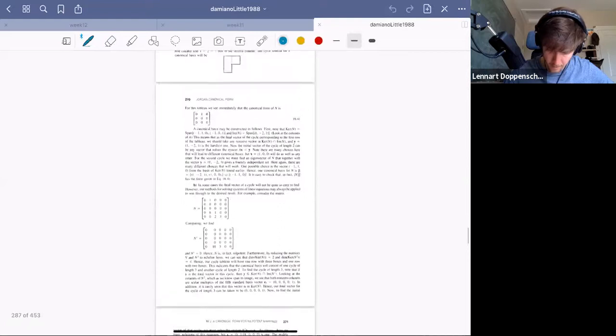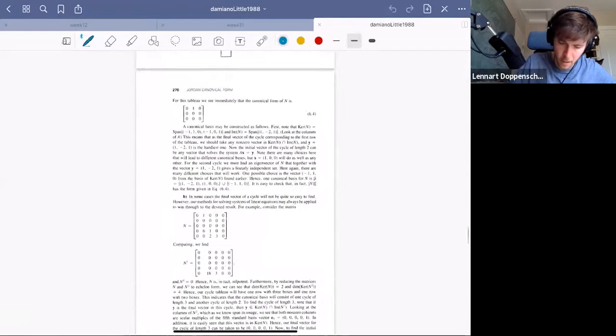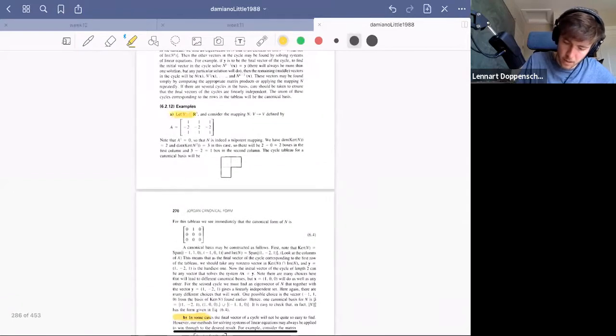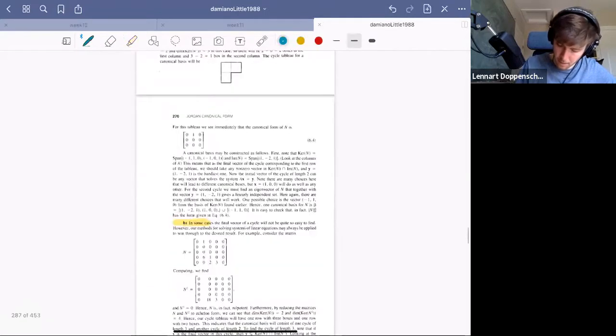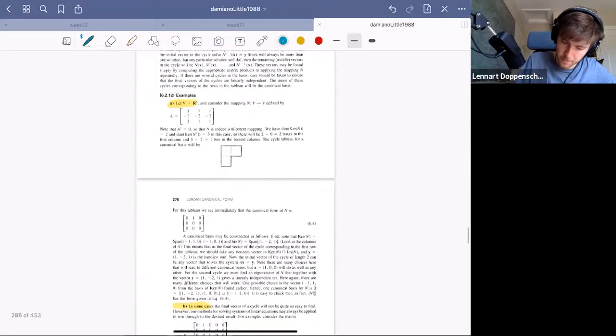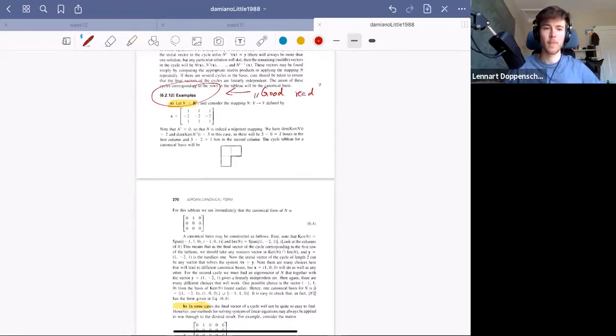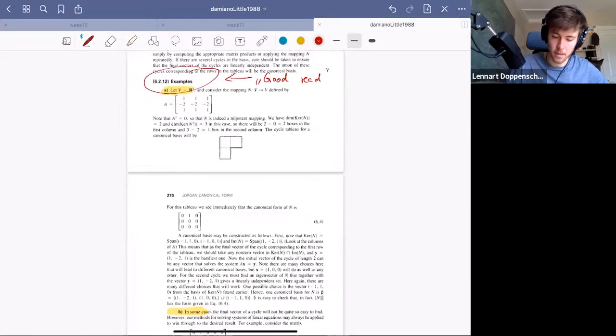I would recommend to look at these two if you have questions about how to find the eigenbasis. So this clarifies it a little bit. This is a good read. It's not necessary to read, but it helps you understand how you would find the actual basis of a certain tableau.